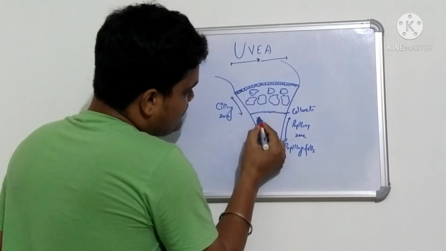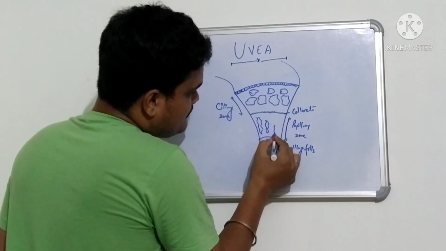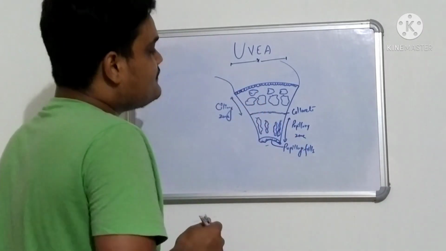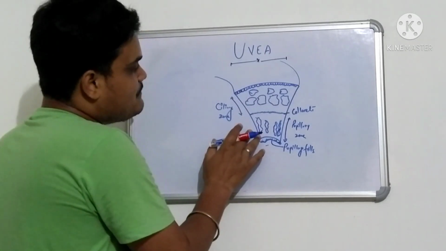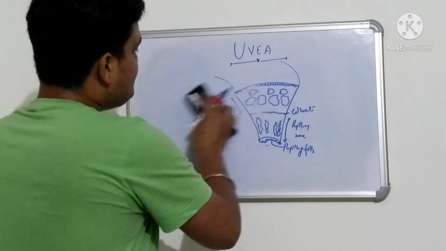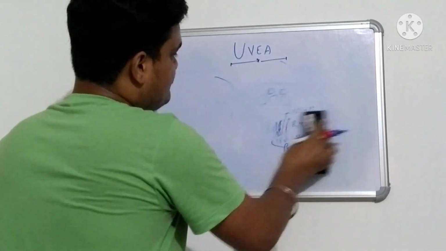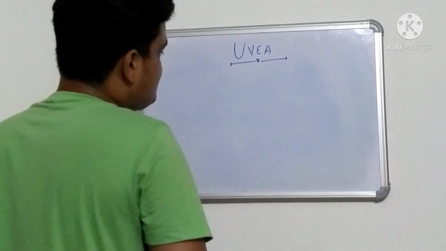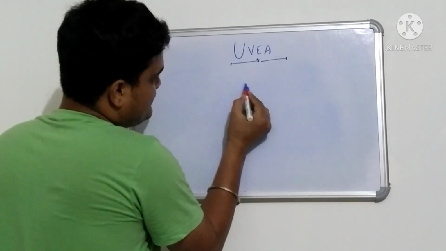The pupillary zone has a part here, all the dilator pupillary muscles. So let me make another diagram. This is the sectional diagram, but let me make another diagram where you can understand the muscle action here.